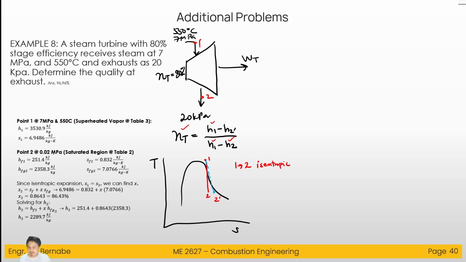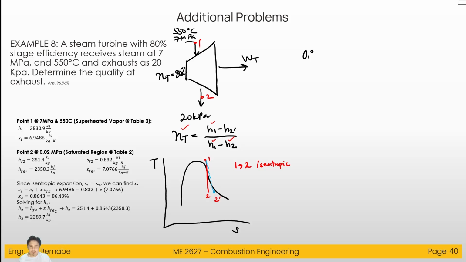For point 2, you can use the given pressure to find hf and hfg and sf and sfg. We want to find the isentropic version first, h2. So you need to find the quality using s1 equal to s2, the isentropic quality, to find the isentropic enthalpy. So this is basically h2. Therefore you can find h2 prime.